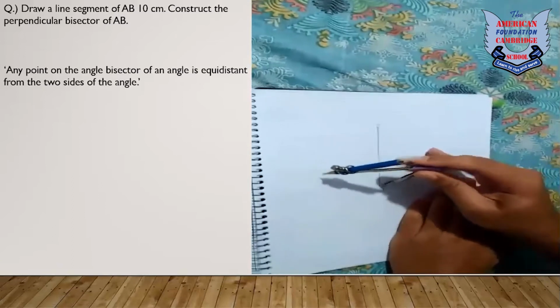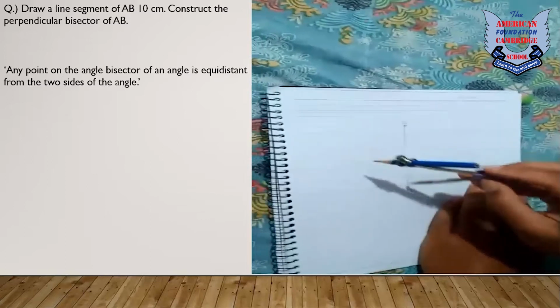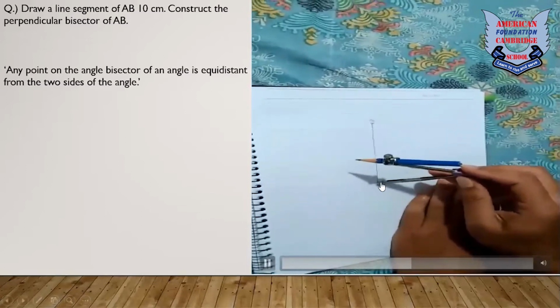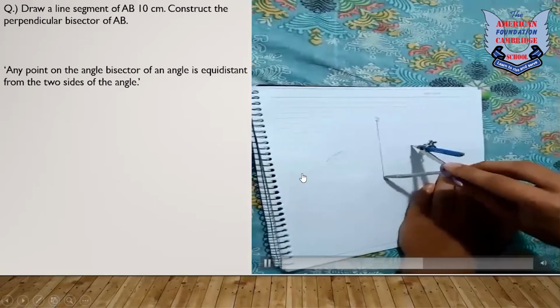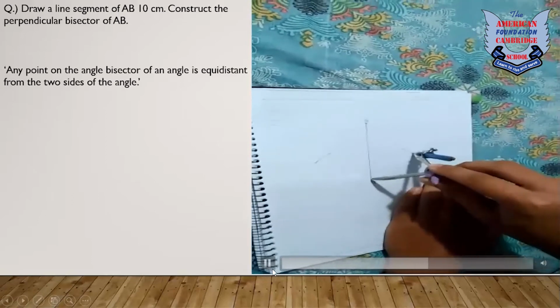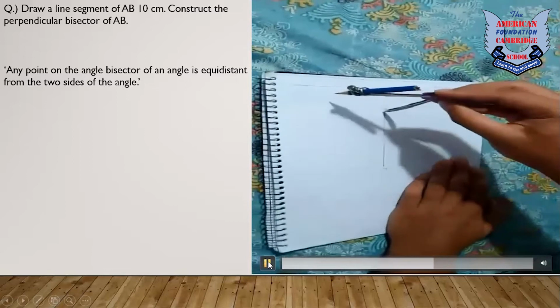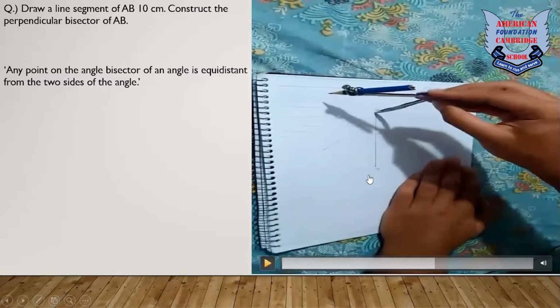You'll make an arc by putting the pointy side of the compass on point A and making an arc on the left hand side, then making an arc on the right hand side. You can see how I made the arc. I put the pointy side of the compass at one point and made the arc from the pencil side of the compass. Then I'll do the same.